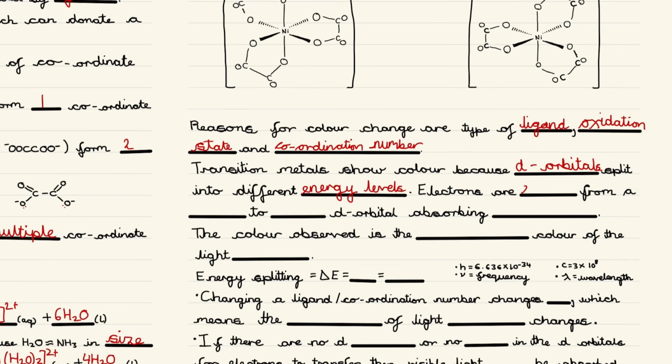Electrons are excited from a lower to higher d orbital, absorbing visible light. The color observed is the complementary color of the light absorbed.